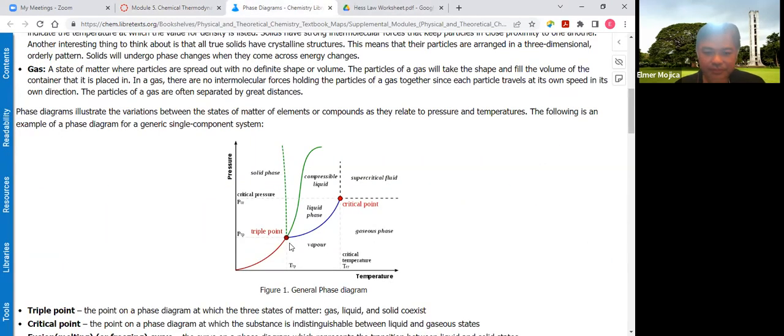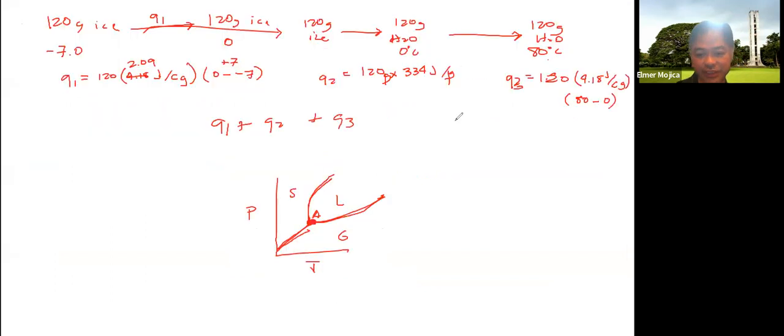Ito yun. Now, possible question about it, meron kayong ibibigay na let's say ganito, tapos i-identify sa inyo, what is A? What are the phase or phases you can find in A? Okay? So yan yung tinatawag nating triple point.